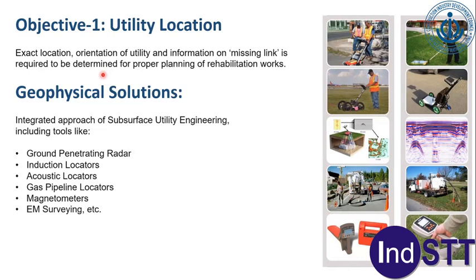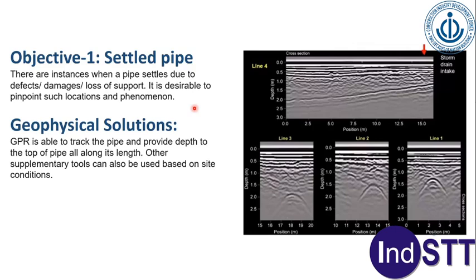Second, settled pipe. There are instances when a pipe settles due to defects or damages or loss of support. It is desirable to pinpoint such locations and phenomena. GPR is able to track the pipe and provide depth to the top of the pipe all along its length. Other supplementary tools can also be used based on site conditions.